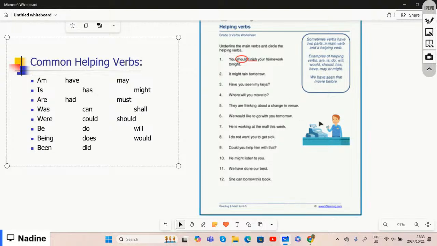All right. So now, if we look at this activity, we need to underline the main verb and circle the helping verb.